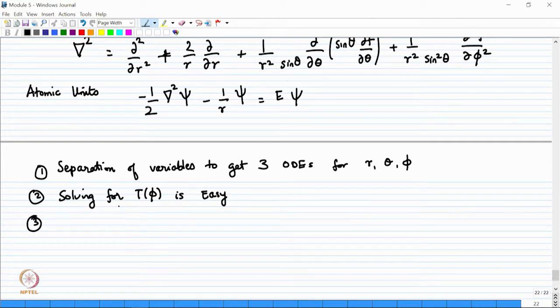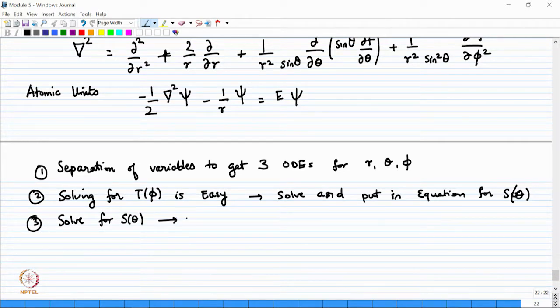So then you solve for T of phi, and then solve and substitute and put it in the equation for S of theta. Okay. Then solve for S of theta.